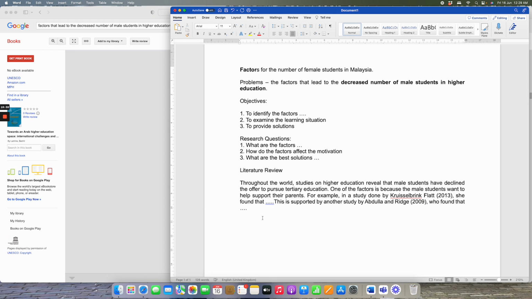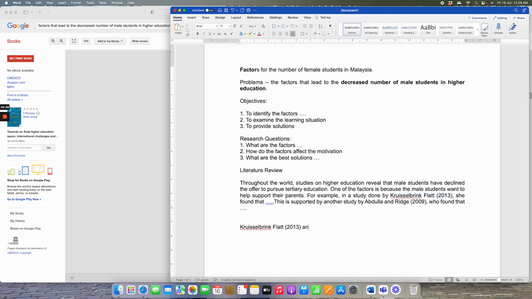Alternatively, you can also write something like this. You can say, okay, this is too long, I'm just going to copy and cut.